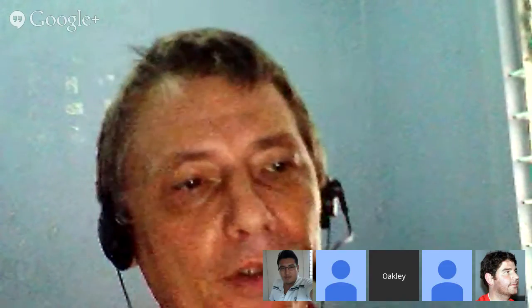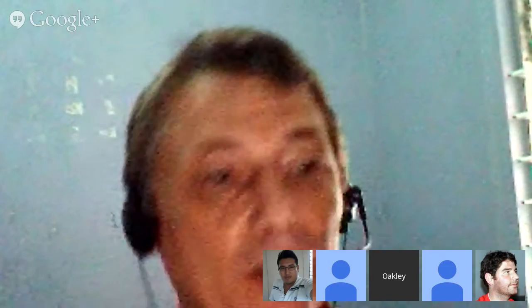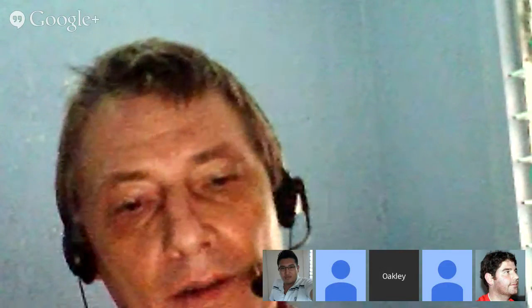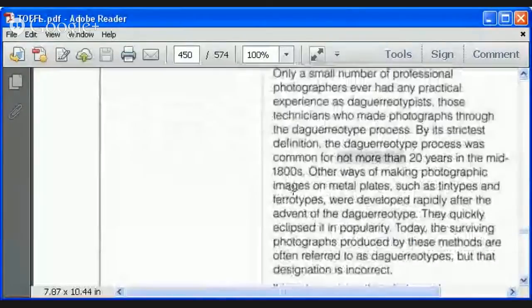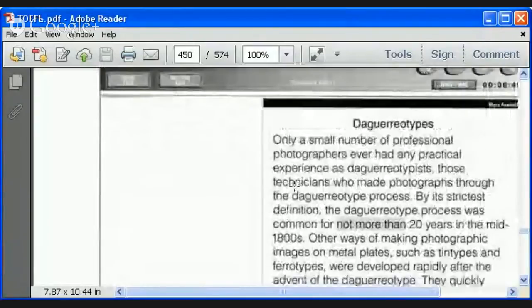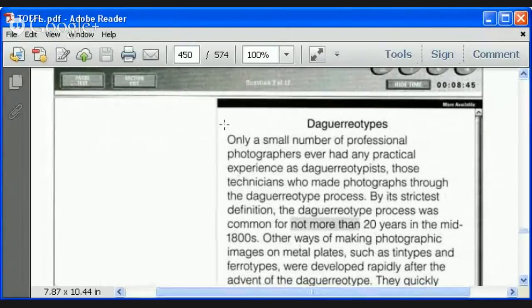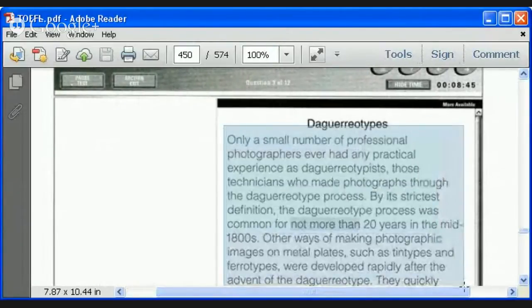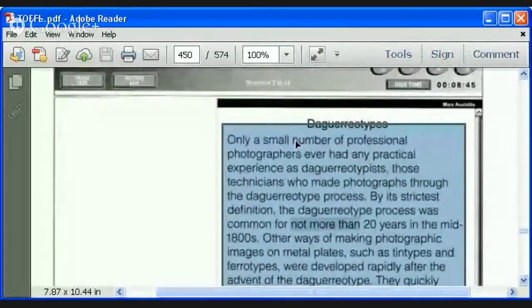As you take the test, you will see the reading passage. You have a choice here, right from the beginning. You could take time to read the passage in its entirety.